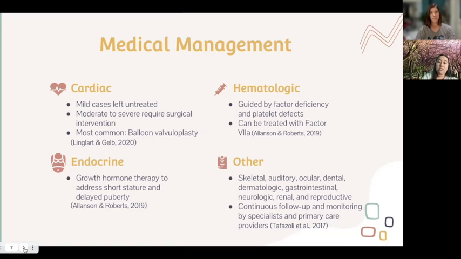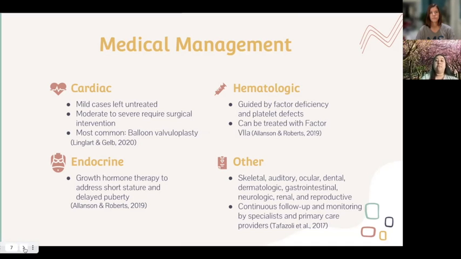When we look at the hematological factors, most individuals that have been diagnosed with Noonan syndrome do have some sort of a bleeding disorder. And this is characterized by factor deficiency and platelet defects. However, this can be treated using factor 7A. With the endocrine system, like I've stated before, some individuals have a short stature and they have delayed puberty.